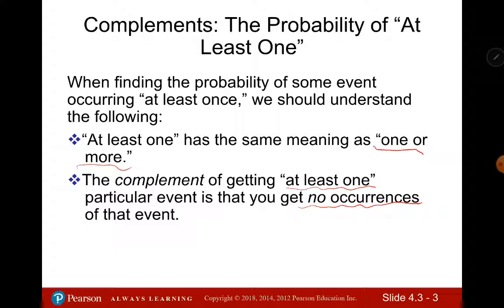If at least one means one or more, so we can use greater than or equal to 1. So the complement of greater than or equal to 1 will be less than 1. So here, less than 1, we only have 0. That means none.